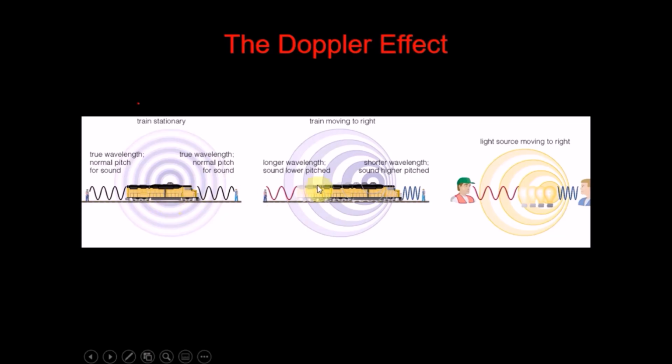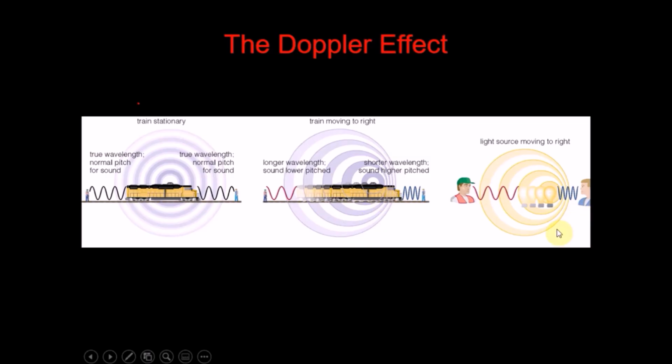If the train is moving with some speed, as it moves towards this person over here, they will receive a shorter wavelength of sound from this train, a shorter wave, so they will register a higher pitch sound. This person will hear a lower pitch sound. So even though the train is putting out the same wavelength of sound wave throughout its motion, two different observers will hear it differently and register these waves differently due to the train's motion.